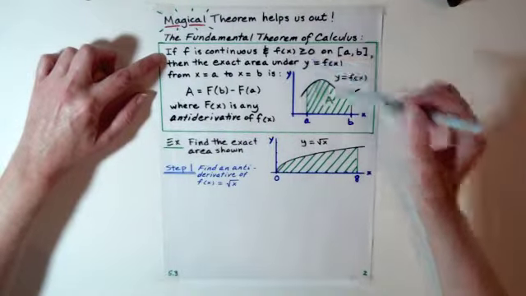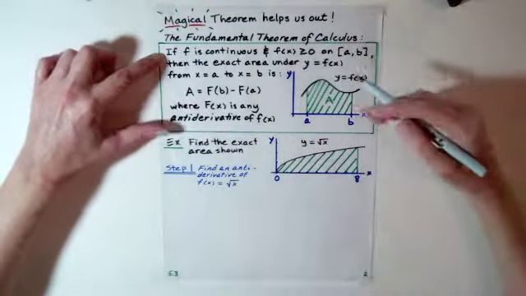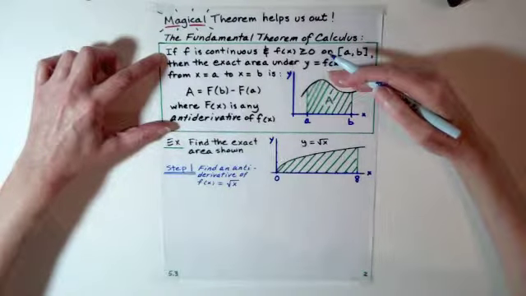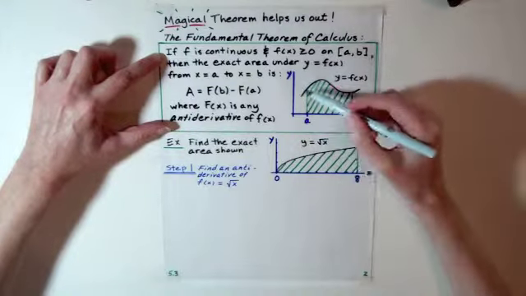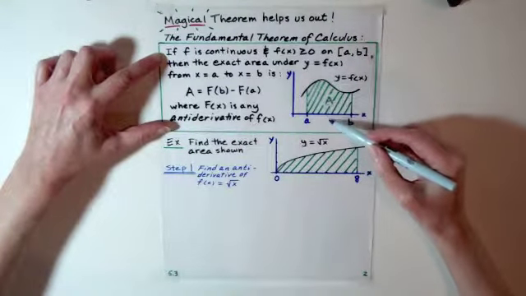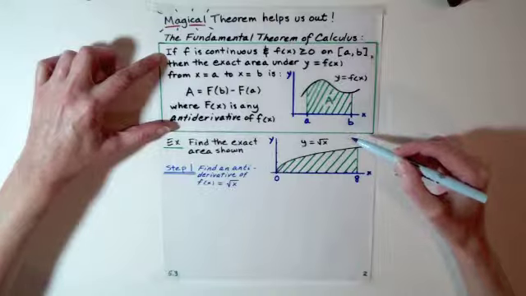And f of x greater than or equal to 0, remember that means that the black curve is always above or at worst on the x-axis. It might touch the x-axis, but it does not go below the x-axis on the interval from a to b.